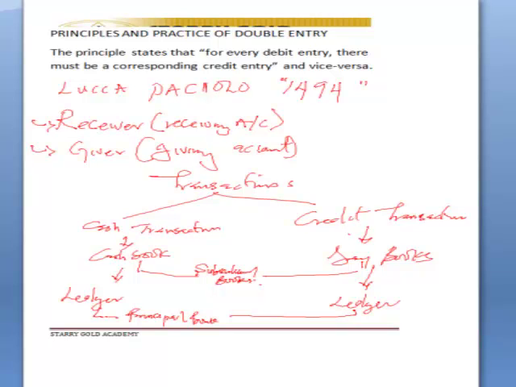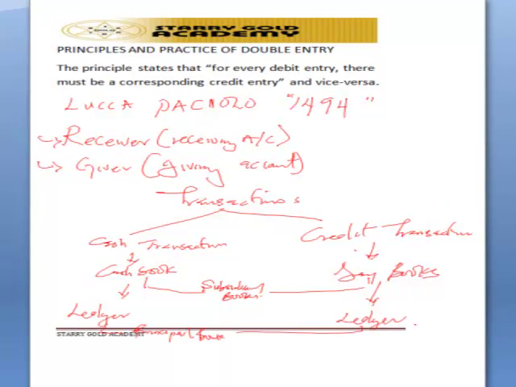So in recording the double entry principle, we must know the giver and the receiver, irrespective of whether it is a cash transaction or a credit transaction. Irrespective of the transaction, the double entry principle must be adhered to. There must be a giver and there must be a receiver.